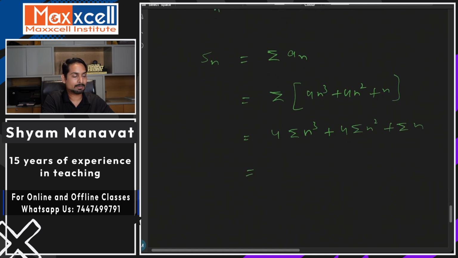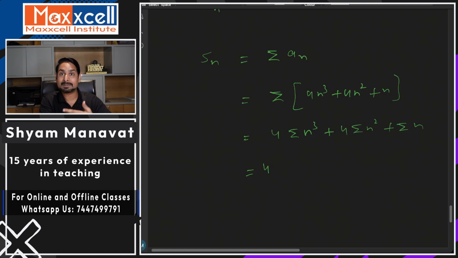Now here we apply all the formulas which we have learned. I hope you have noted the formulas in your notebook and you can refer to them directly. I will not go back to the blackboard. I expect you must have written the formulas in your notebook, so you are referring from there. Summation of n cube.